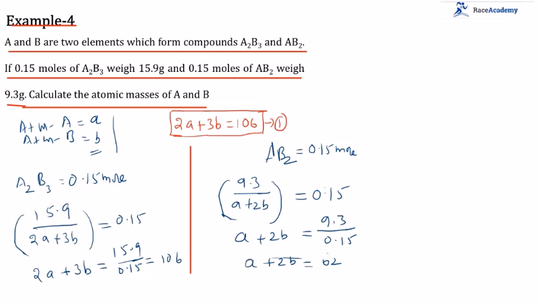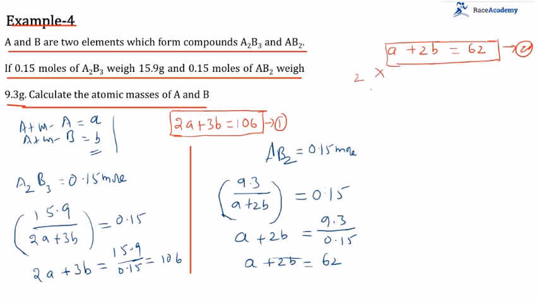That is 62. Means what is my second equation? My second equation is nothing but A plus 2B equals 62. I am assuming this as equation number 2. So we have to solve for A and B, that means solve the equations. So how can we solve it? See, here 2A is there, here A is there. So multiply the second equation with 2.